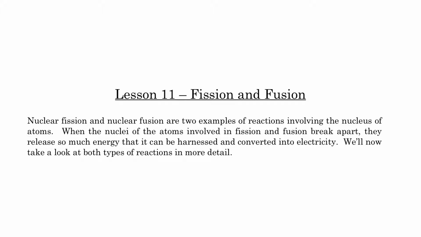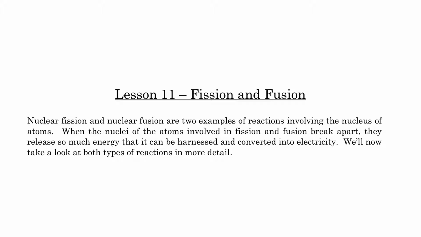Our final lesson in this unit and our final lesson in our investigation of nuclear physics is, of course, about fission and fusion. These are two very special types of reactions that involve the nucleus of atoms.